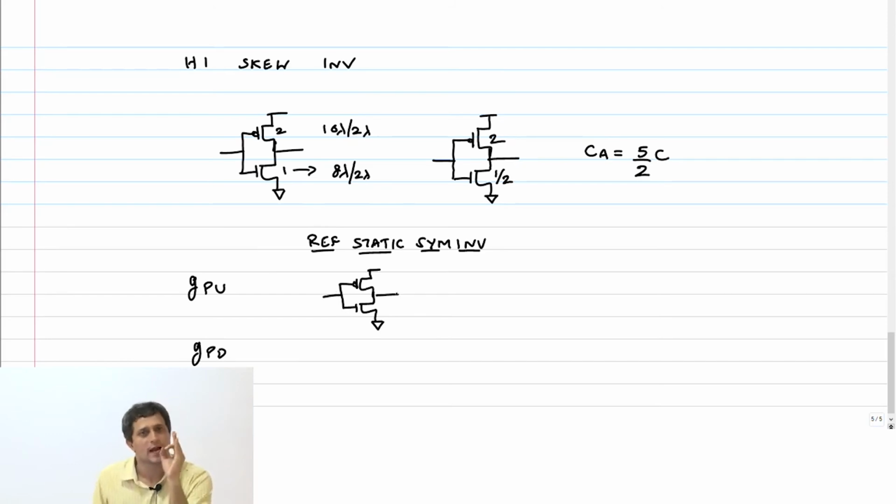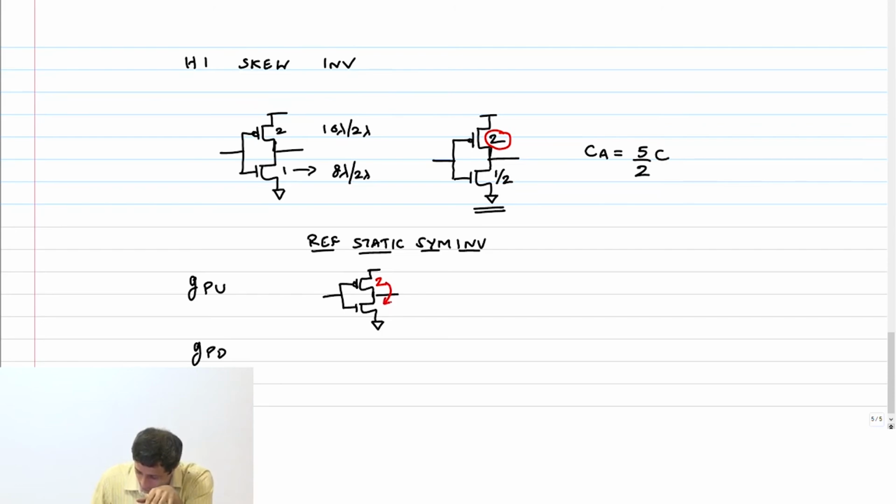So I am now looking at pull up. I have to compare this high skew inverter to a reference static CMOS symmetric inverter with the same pull up strength. Therefore, this 2 here has to appear on the PMOS. Now, if that is true, what should be my NMOS for this inverter to be a symmetric static CMOS inverter? 1.